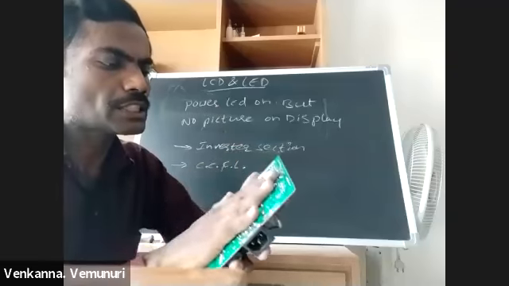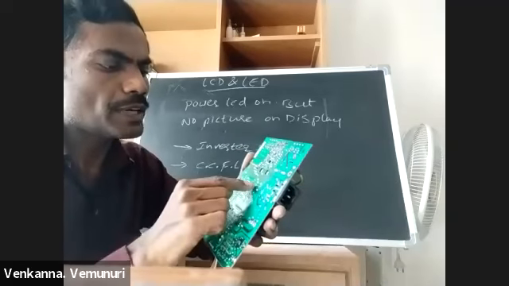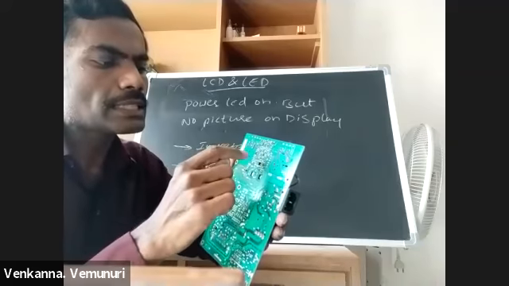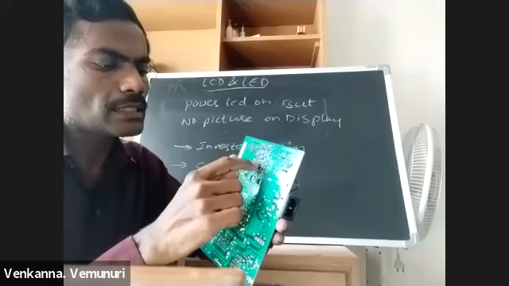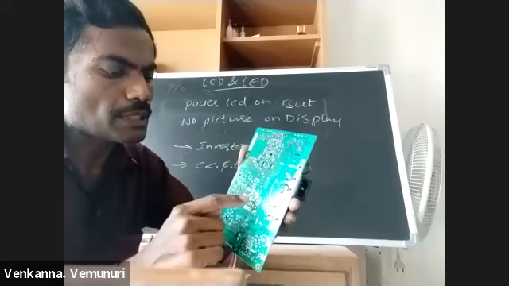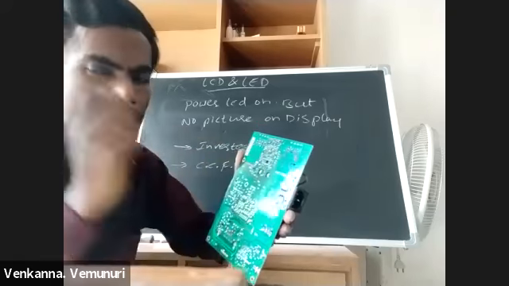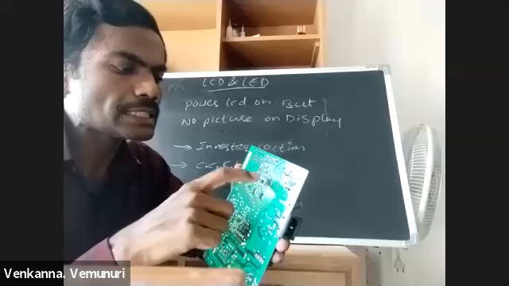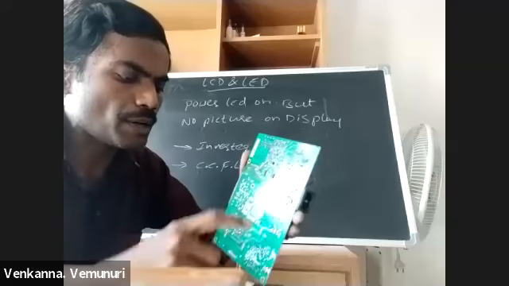So in this situation, here you first check this PWM IC is receiving signals, receiving power supply from SMPS, first one. Second one, this PWM IC receiving inverter on signal from motherboard.